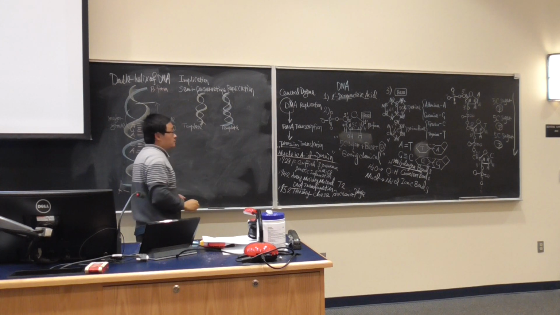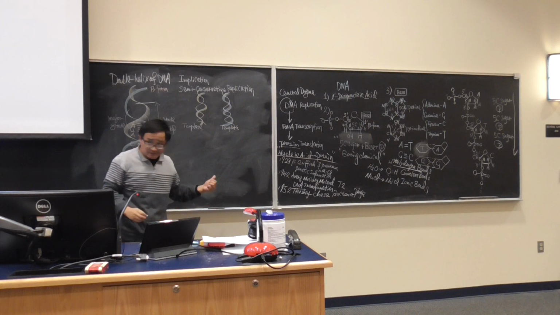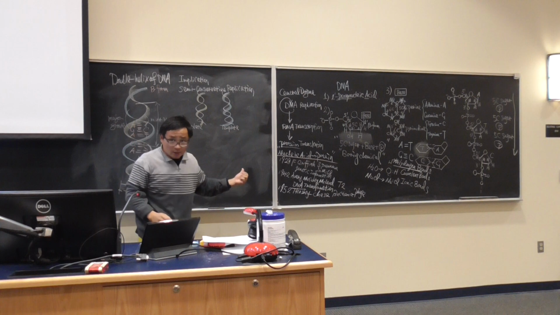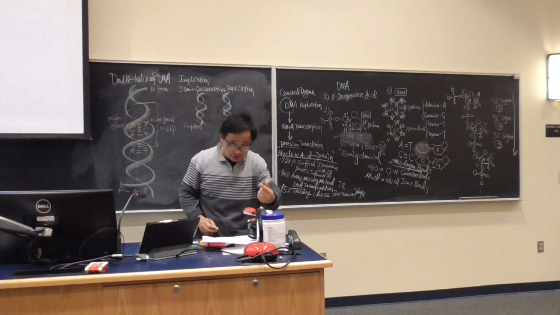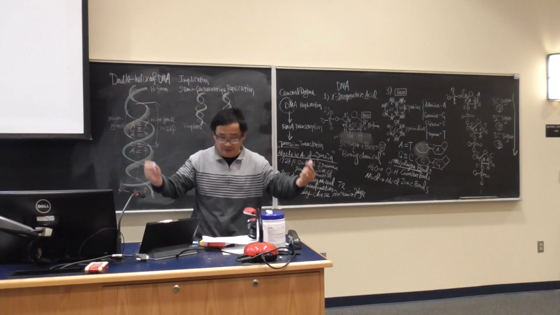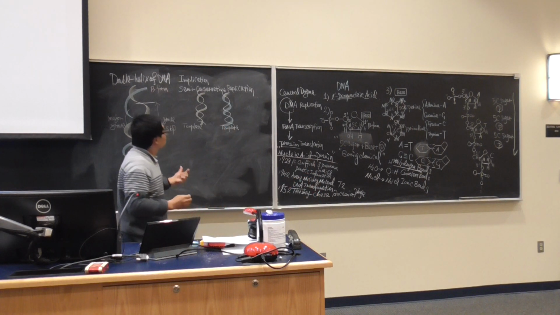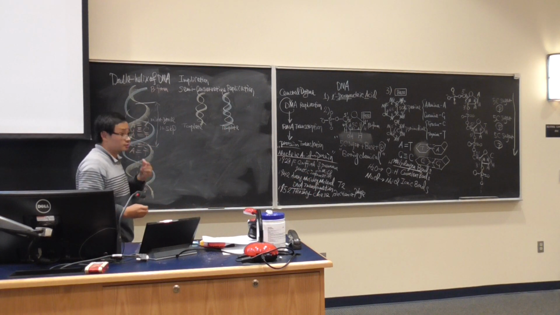And the daughter strands ideally should be exactly the same as the mother strand, and the genetic information should be transferred exactly, with the exception of some mutations, but that happens all the time. So that's semi-conservative replication.